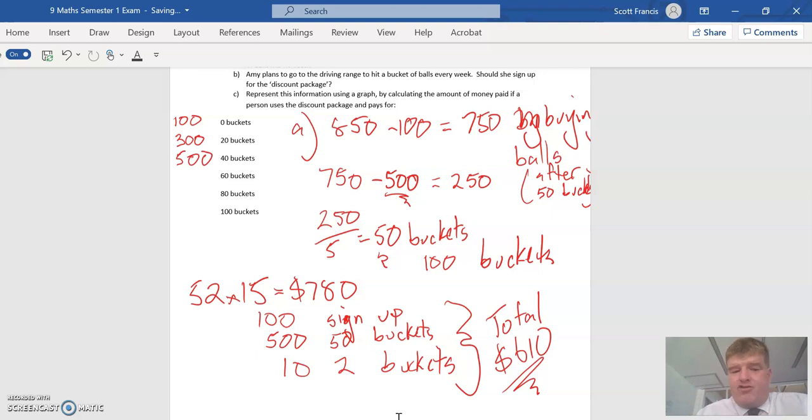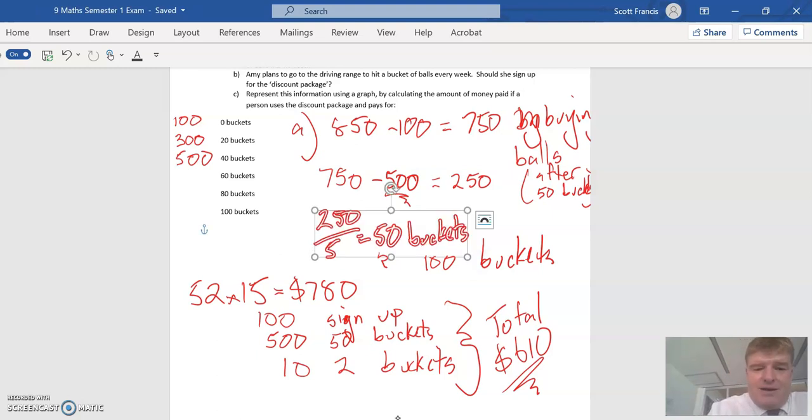60 buckets becomes a little bit trickier because there's going to be 50 buckets at 10, 500, plus 10 at $5 each. So for the buckets of balls alone, 550 plus the sign-up fee is going to be 650.